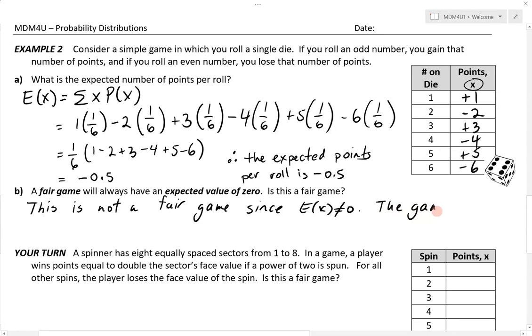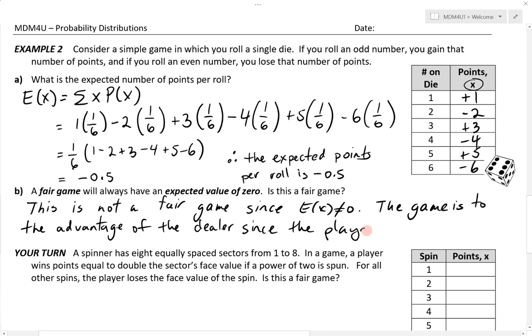The game is to the advantage of the dealer, since the player loses 0.5 points per roll.